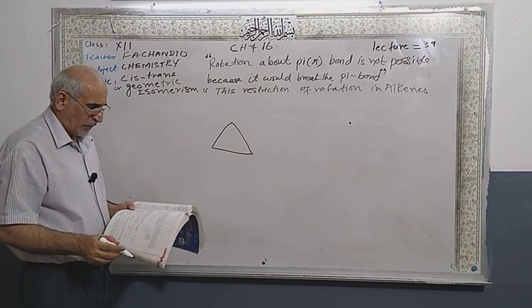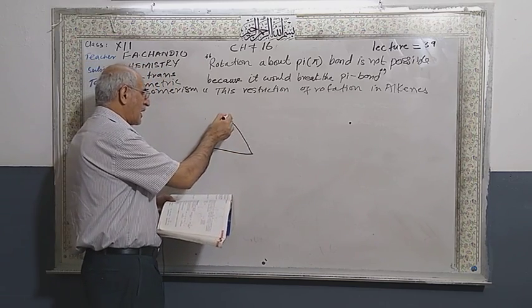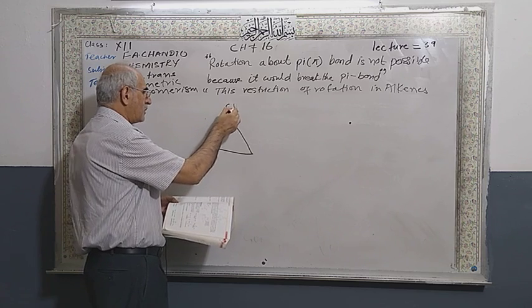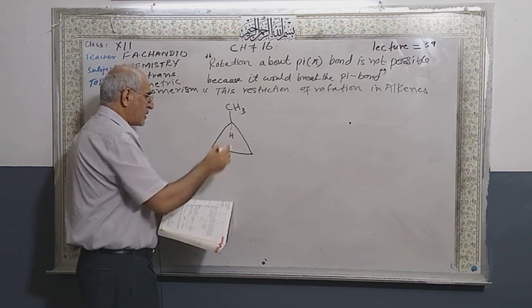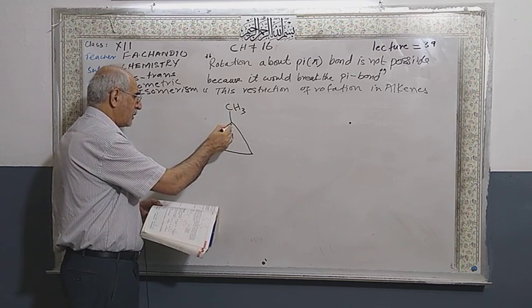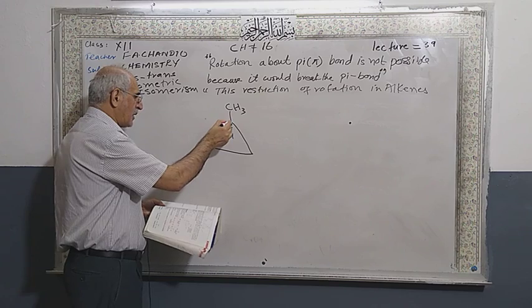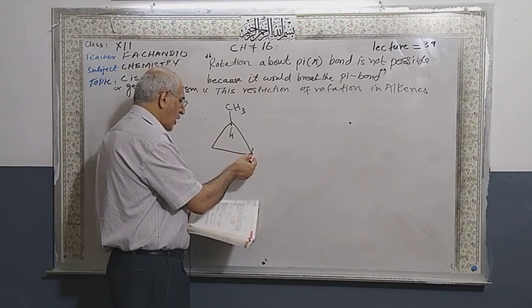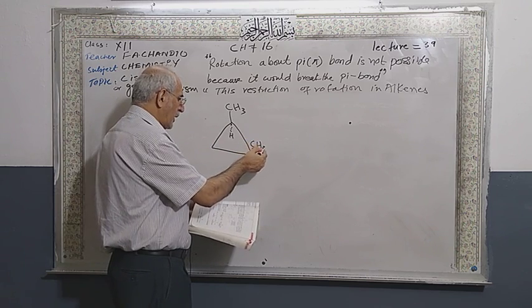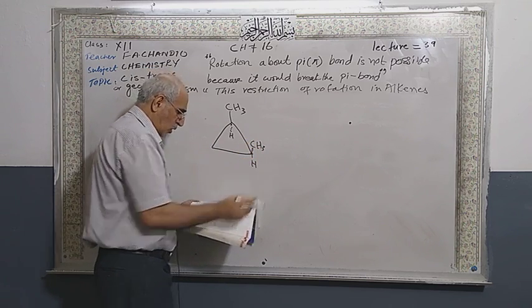If a methyl group is attached here, and there is one hydrogen attached here, satisfying the valency of carbon, there is carbon, there is carbon, there is also carbon. And if you put an alkyl group here too, and there is also hydrogen here.